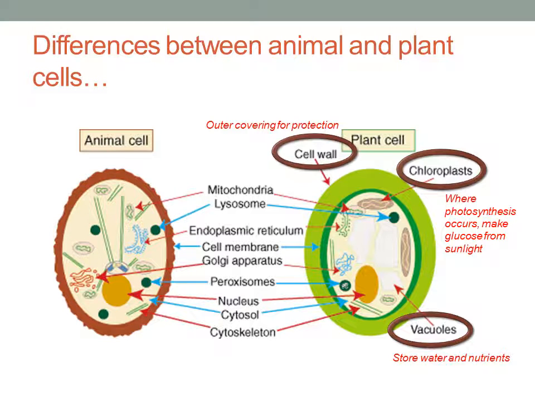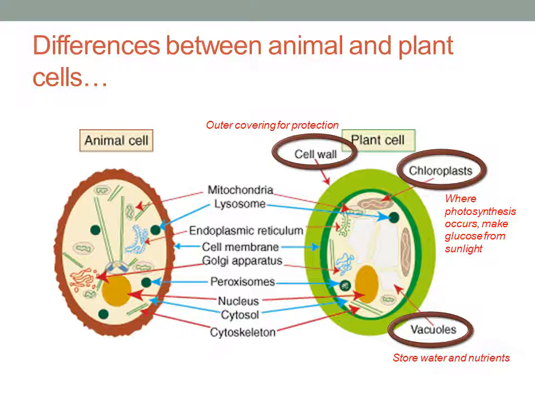The next topic that we're going to go over is the differences between animal and plant cells. We know that all living things are made up of cells, and two big categories of cells are animal versus plant cells. On the left you see an animal cell, on the right you see plant cells. Animal and plant cells look fairly similar, however plant cells have some extra features.